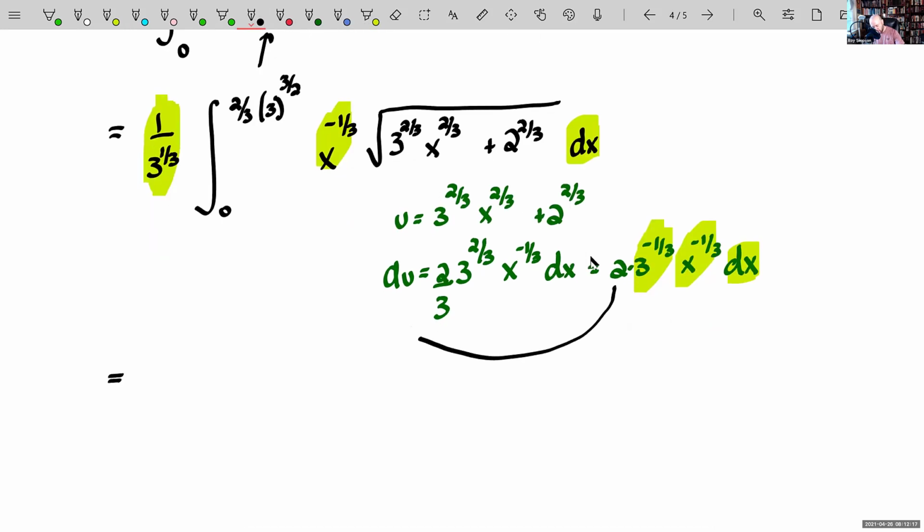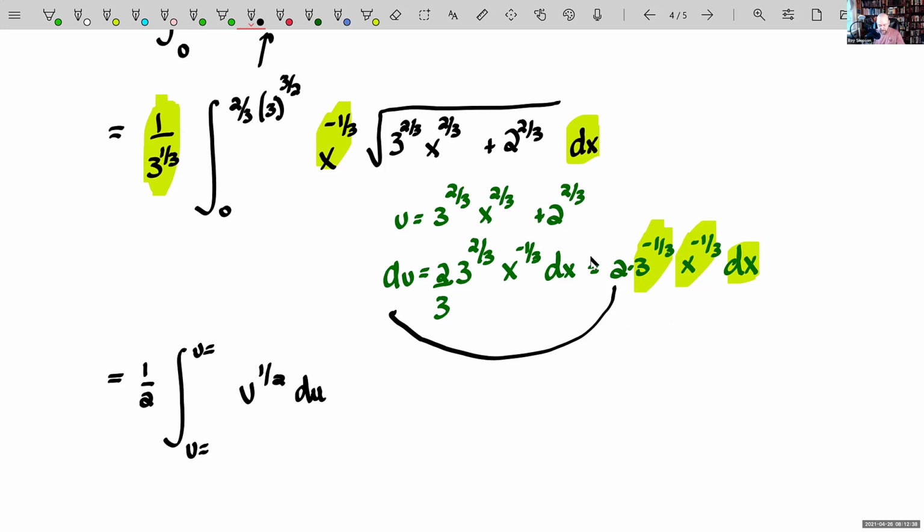The 2 I'll have to bring over, so it's going to be a 1/2 integral from u equals something to u equals something of the square root of u, or in other words, u to the 1/2 du. So it does compress down really, really quickly.